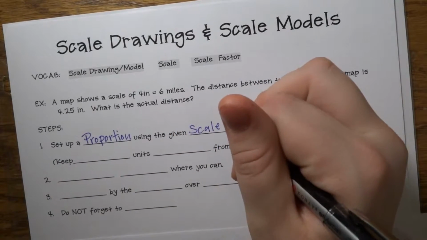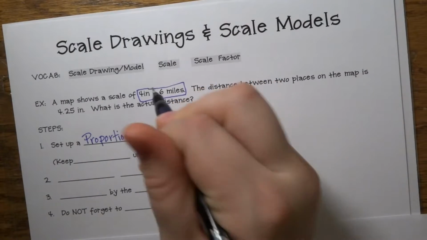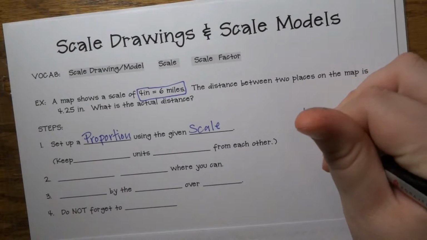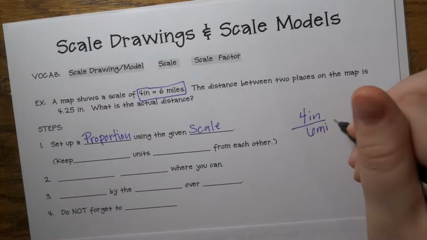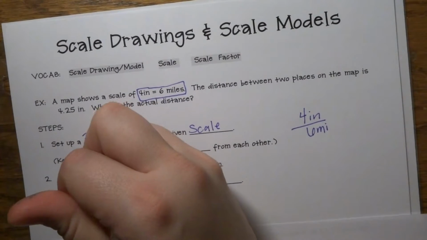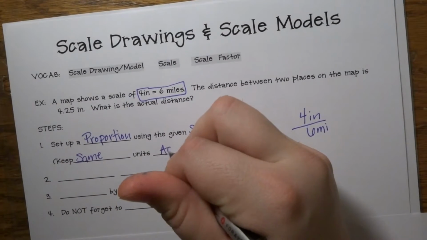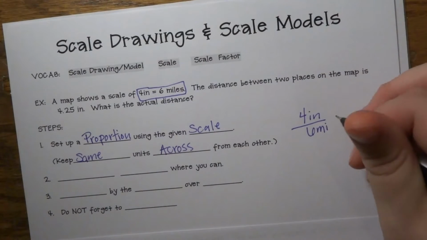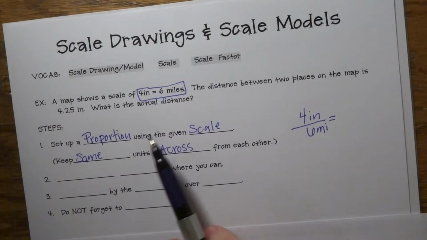So our scale for this problem is 4 inches for every 6 miles. We'll write it 4 inches for every 6 miles. It says keep same units across from each other. So we're setting up a proportion and we want the same units across from each other.